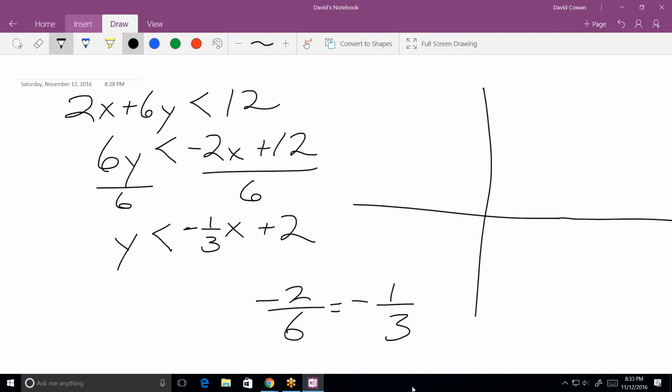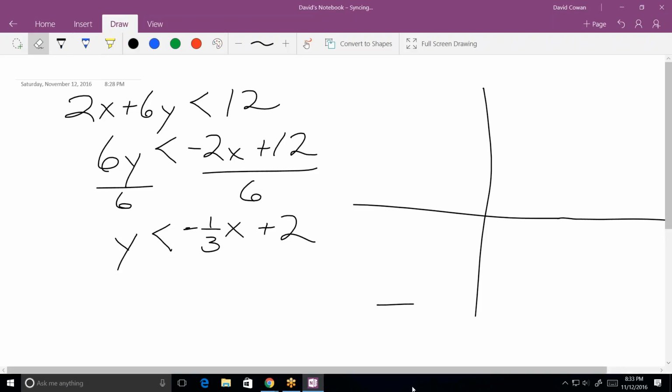And then 12 divided by 6 is 2. When you divide the right side of this inequality by 6, you have to divide both pieces.